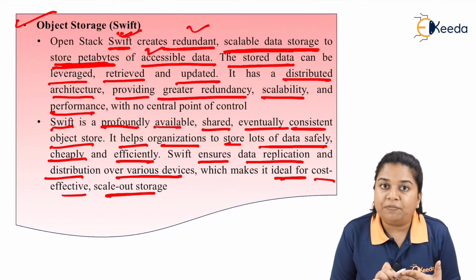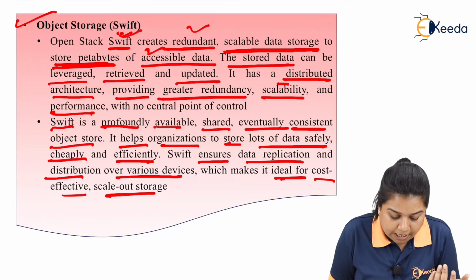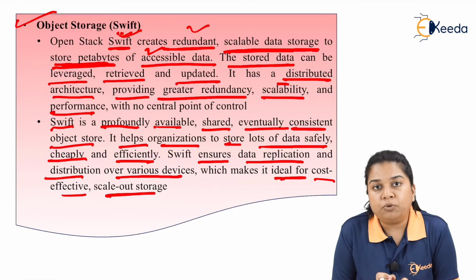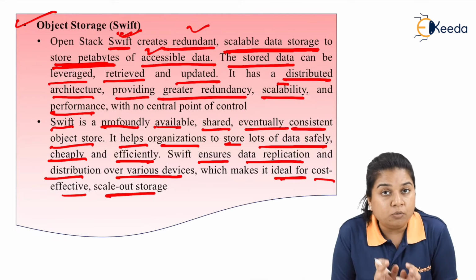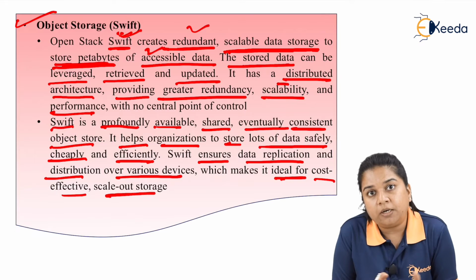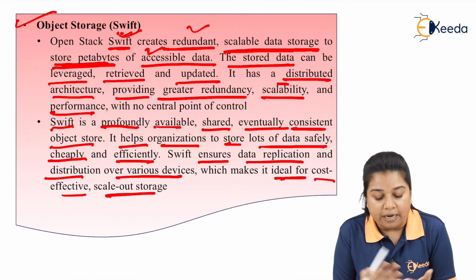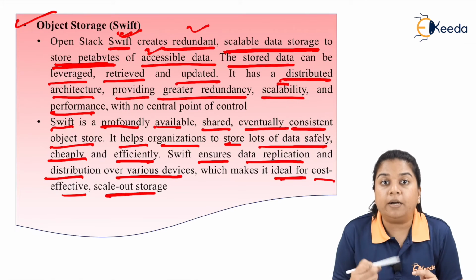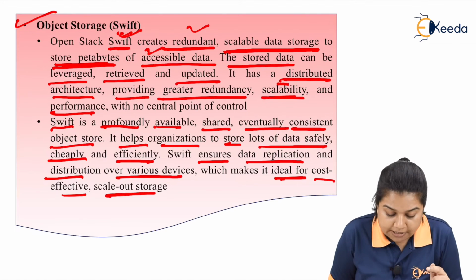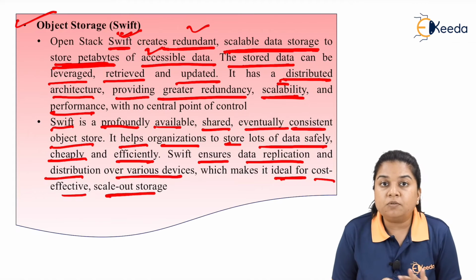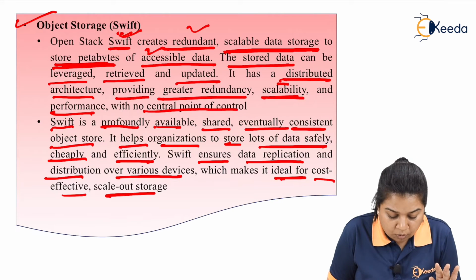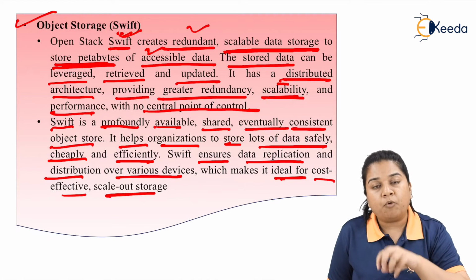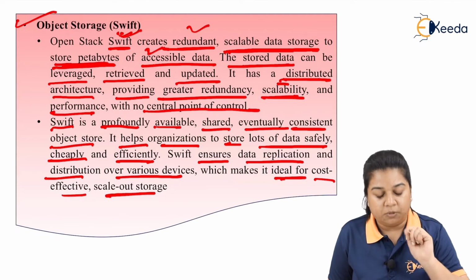Then it has a distributed architecture. We all know cloud computing uses distributed databases over the internet and gives accessibility to the clients. So it has a distributed architecture. It provides greater redundancy of the data, scalability, and performance with no central point of control. That means it can have various points of control for that information.